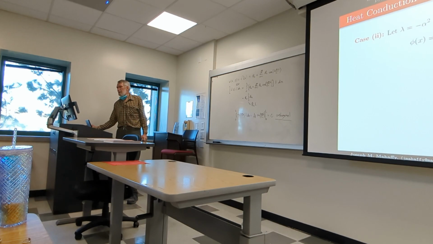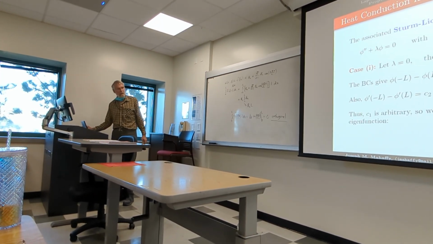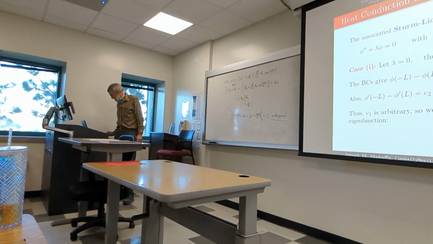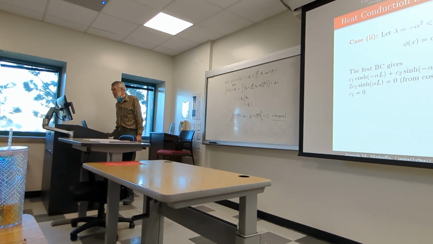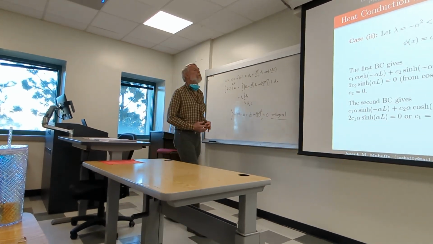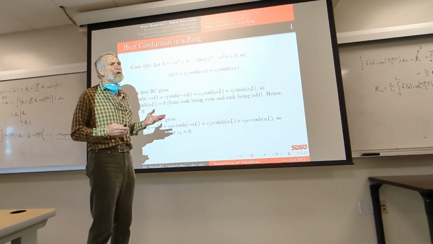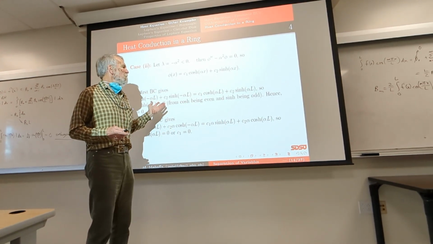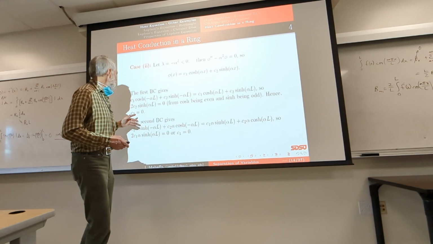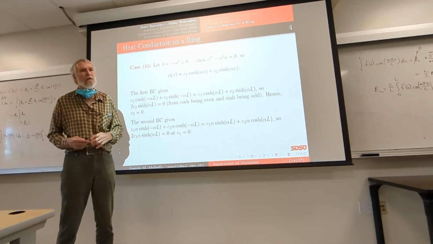If we put cosh and sinh in there, I'm not going to go through the details on this. You take care of it using the evenness and oddness of the cosh and sinh functions. Being an odd function, you get C2 equals 0, and being an even function, you get C1 equals 0.